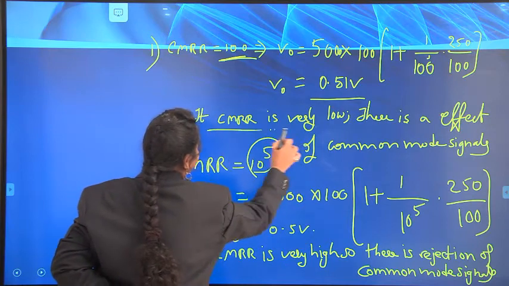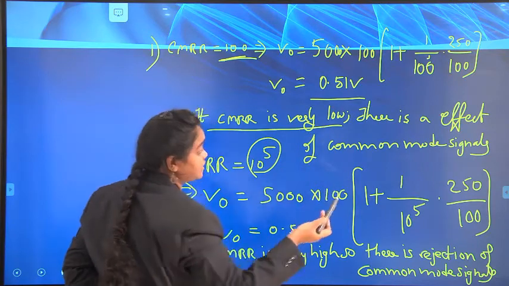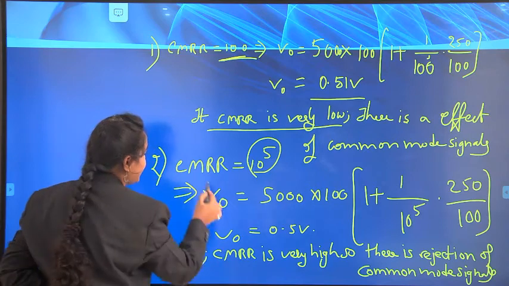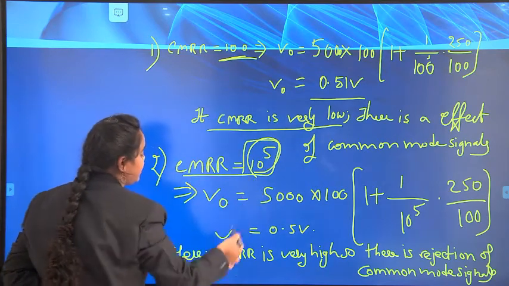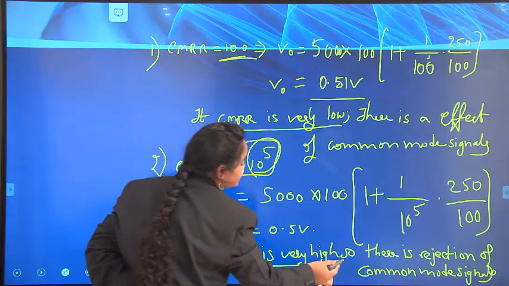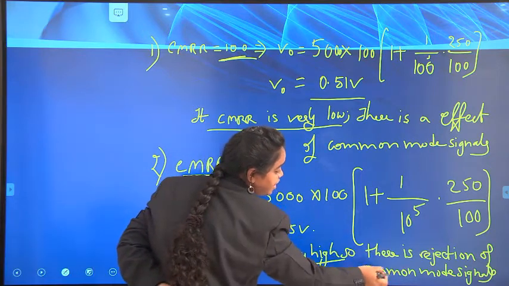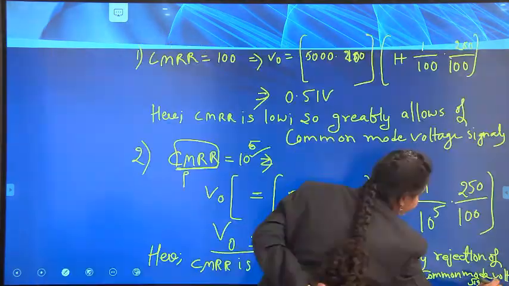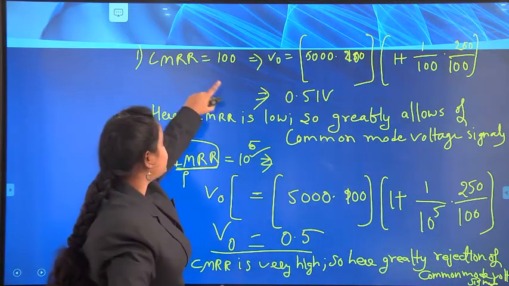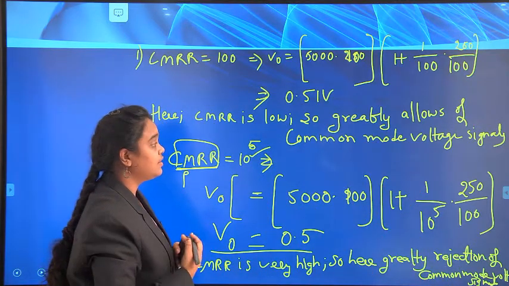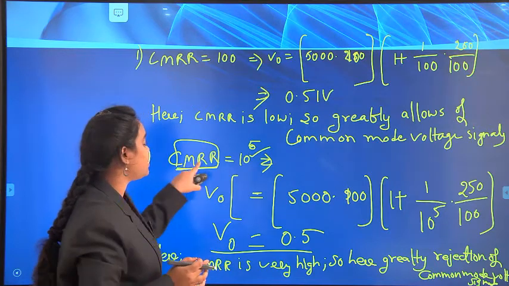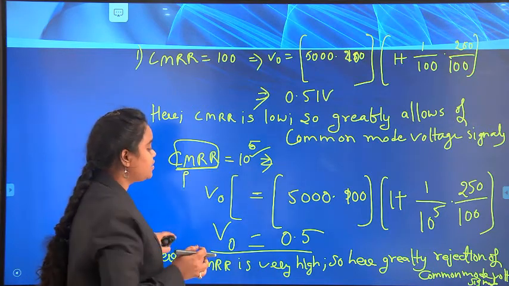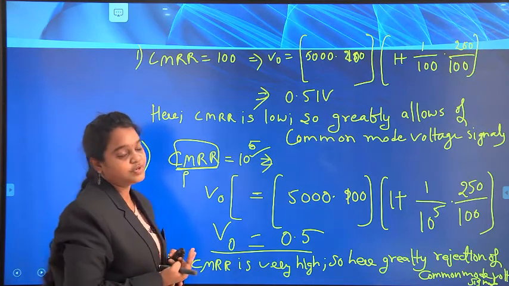When CMRR is very low, there is an effect of common mode signals. Here CMRR is 10 power 5, which compared to the other is very high, so there is rejection of common mode signals. Here CMRR is very high, so there is a great rejection of common mode signals.